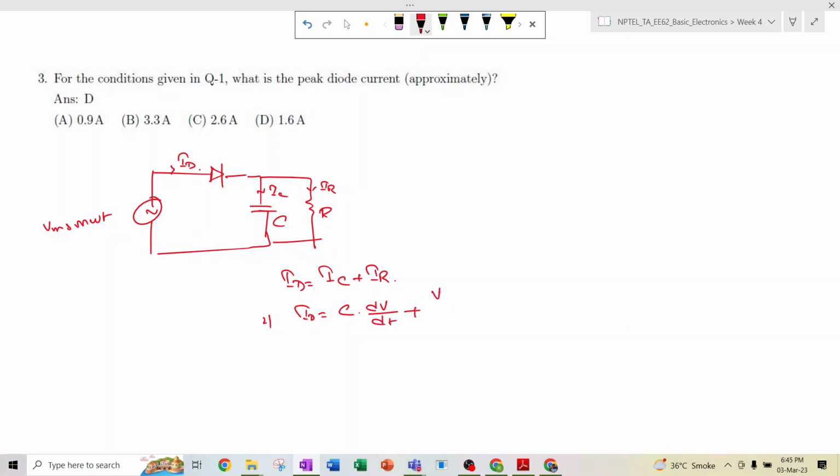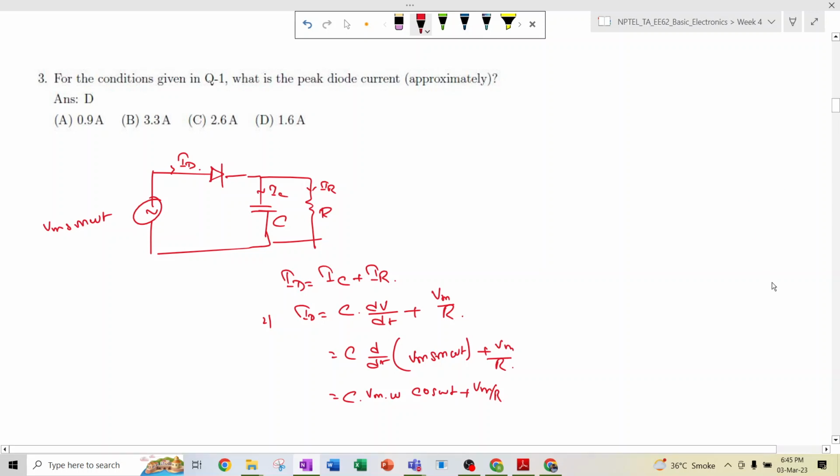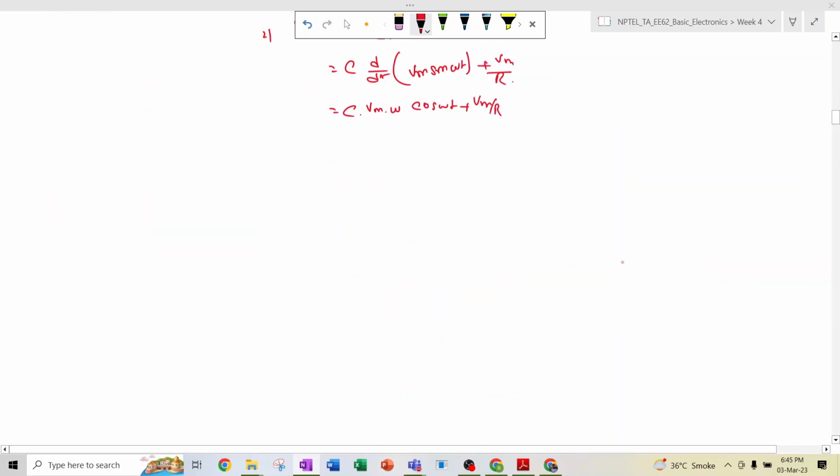IR is nothing but Vm divided by R. So it will be C d dt of Vm sin omega t plus Vm divided by R. If we take the derivative, C into Vm into omega, sin omega t's derivative is cos omega t, plus Vm divided by R. Okay. So this will be the diode current ID.